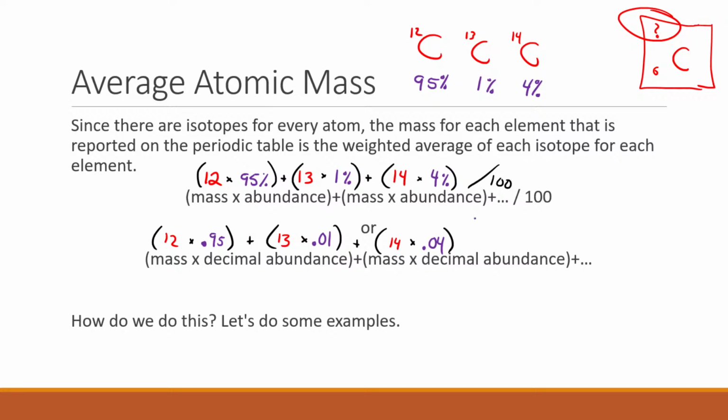Either one of these mathematical setups will get you the same answer. All right, these 2 things are going to be equal when you solve it out. But you can take mass times the abundance as a percentage and then divide the whole thing by 100, or mass times the decimal version of the abundance, and then you don't have to divide the whole thing by 100.